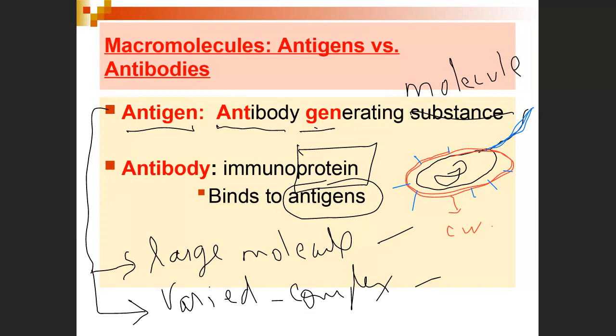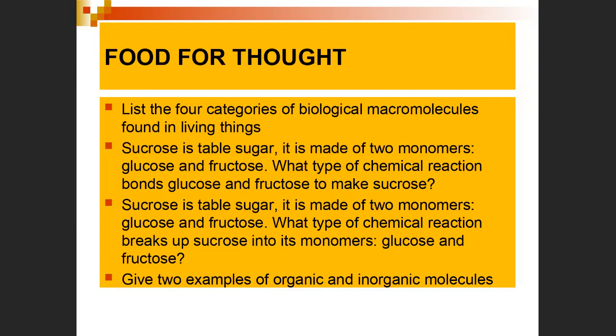That's the reason we address the antigenicity of molecules so early on: it's what we often use to identify bacteria, to make vaccines, and to understand how the immune system responds to a bacterial threat. As we go through these macromolecules, we will point out which ones are large and complex enough to be antigenic.